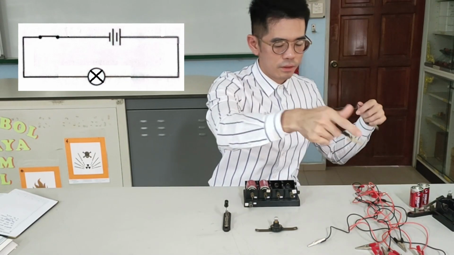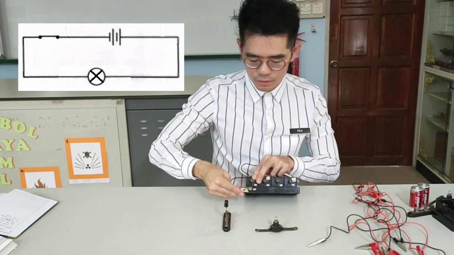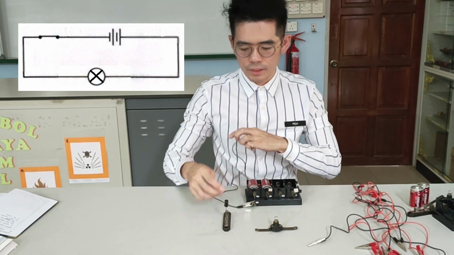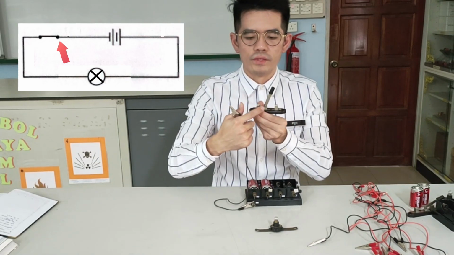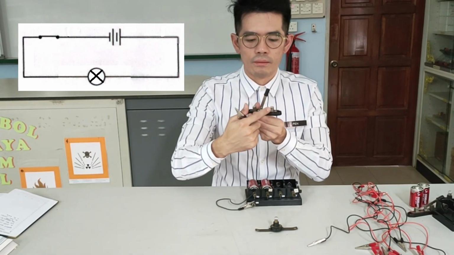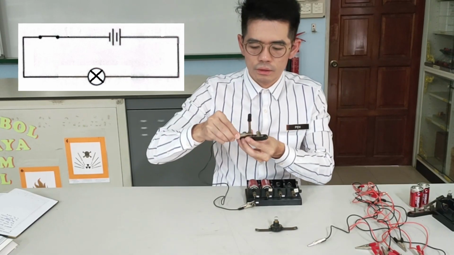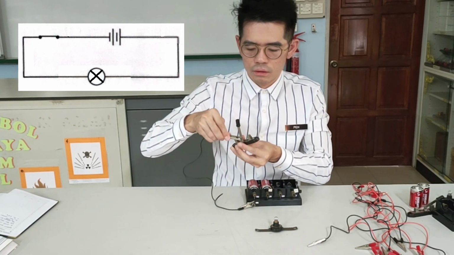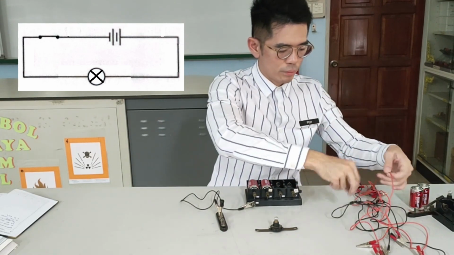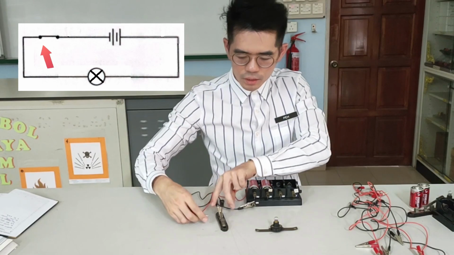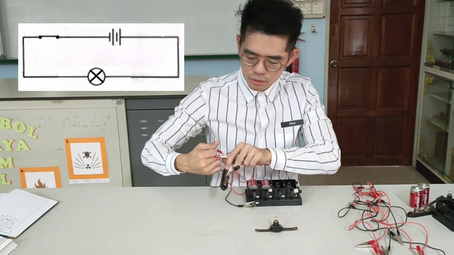Firstly, connect the negative terminal, which is at the bottom part of the dry cell holder, to one terminal of the switch. Next, connect to the other side of the switch.